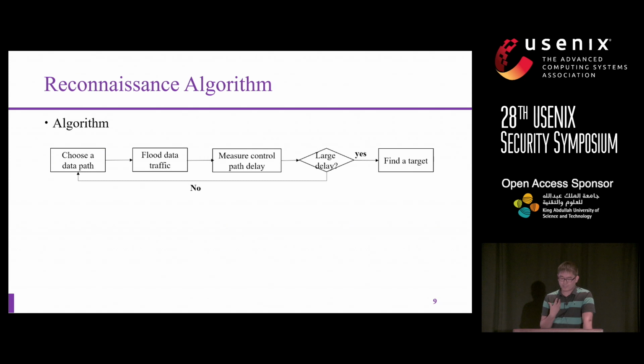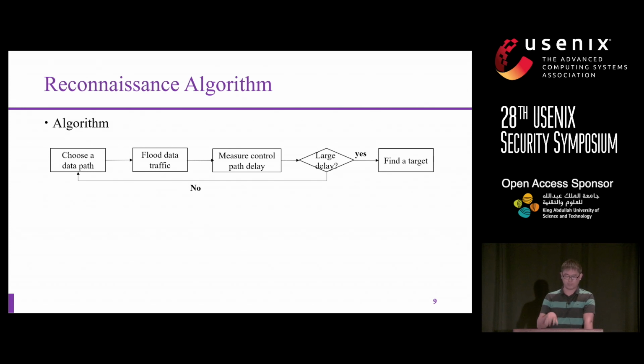So let's summarize the algorithm of our reconnaissance. First, an attacker chooses a data path. Then they flood data traffic to the data path, and at the same time, they measure the control path delays. If the delay is large, then the attacker finds a target data path that contains the shared link.